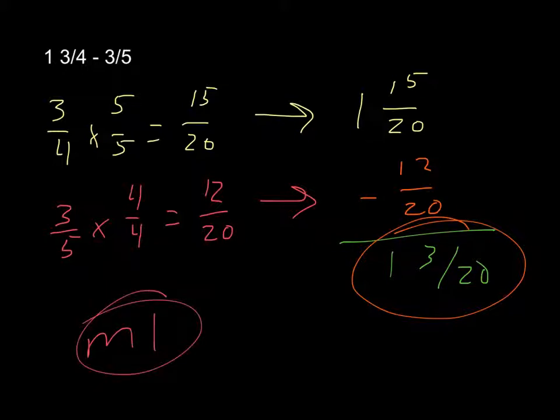Another way that you can look at it is we can turn 1 3/4 into an improper fraction. We know that 1 is the same as 4/4, so 1 3/4 actually turns into 7/4 because we have 4/4 plus the 3/4.